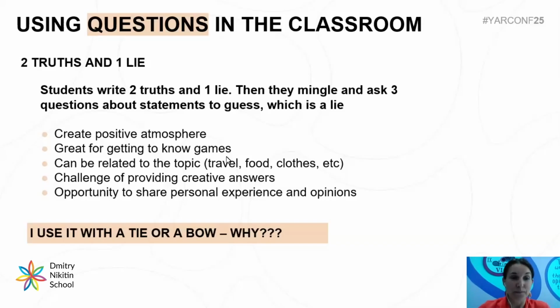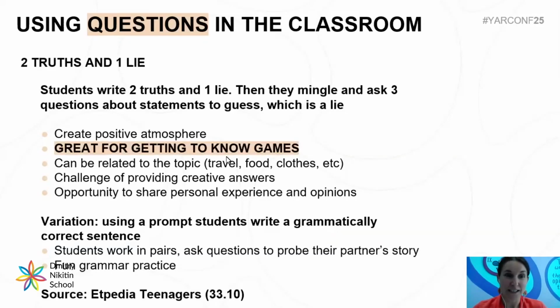For example, I used this tie. You can see it. Yeah, this tie. It can also be a bow. Yes, a bow. Why? Because it was a business class, and we imitated a business meeting with elementary level adults.